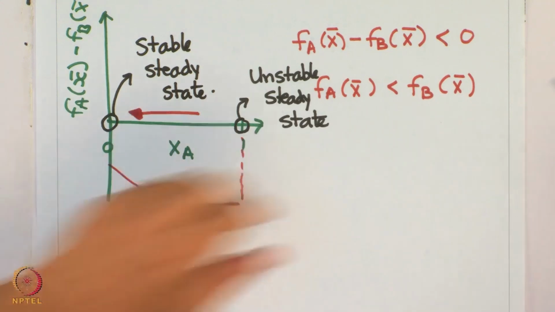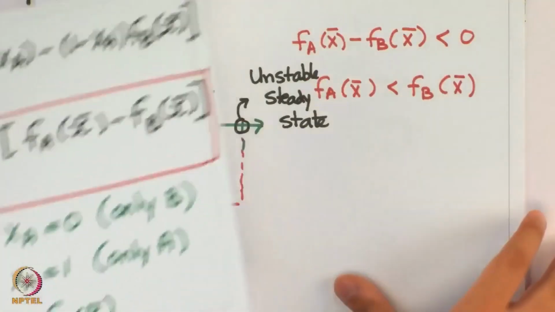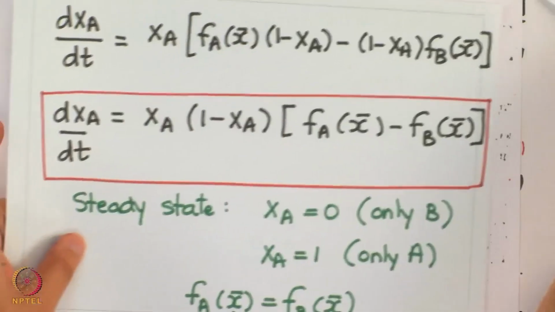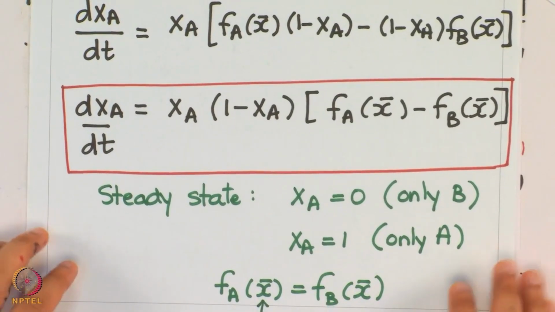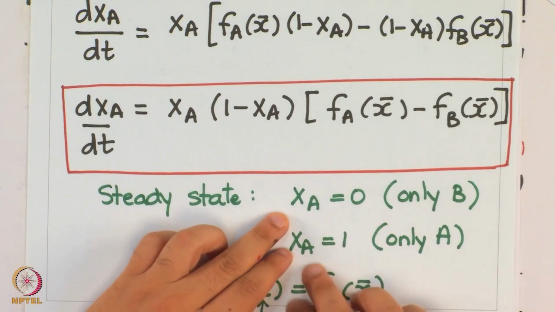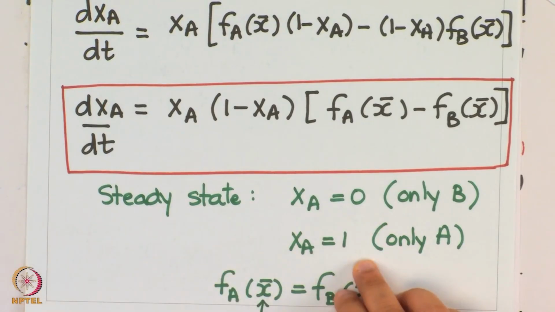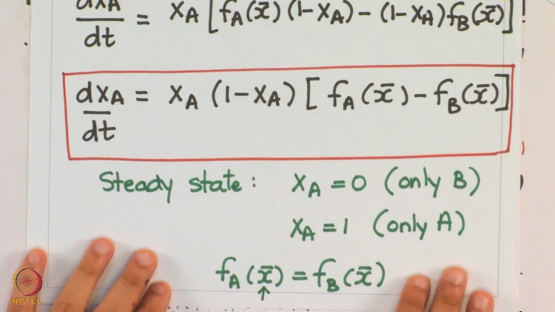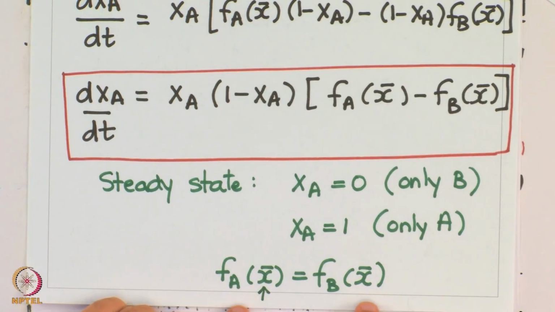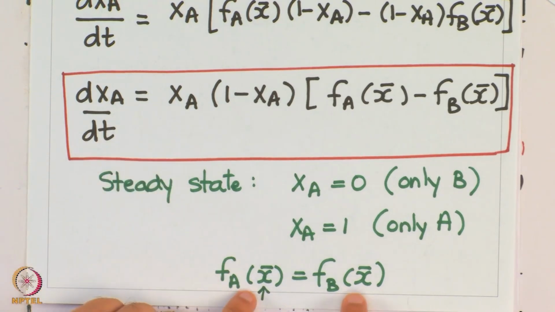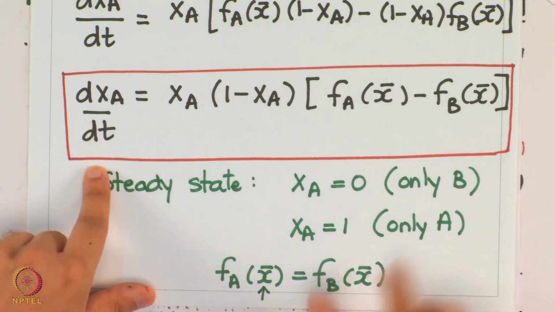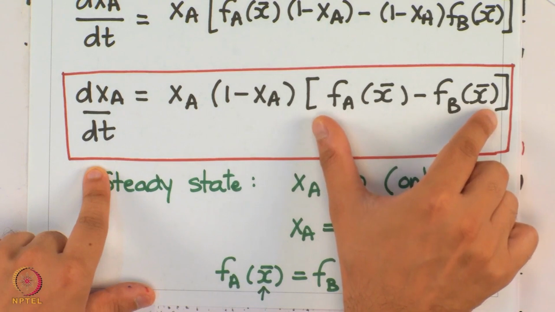So, when we started this discussion, we said that there are 3 types of steady states that might occur in the system, and those 3 types of steady states are Xa equal to 0, Xa equal to 1, and also all those points where any composition which ensures that f of A is equal to f of B will also be a steady state, because if this is satisfied for any composition of x, then dxa by dt will equal 0, because this quantity then becomes equal to 0.